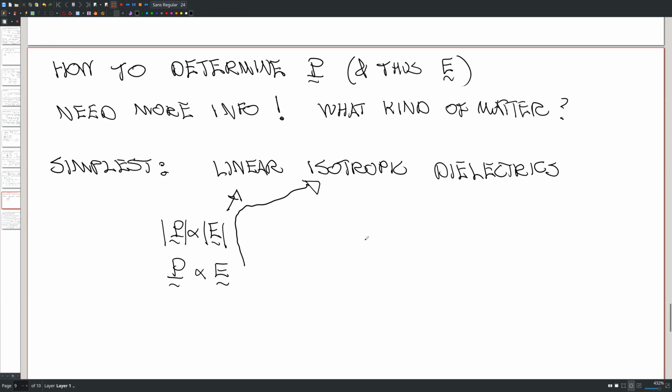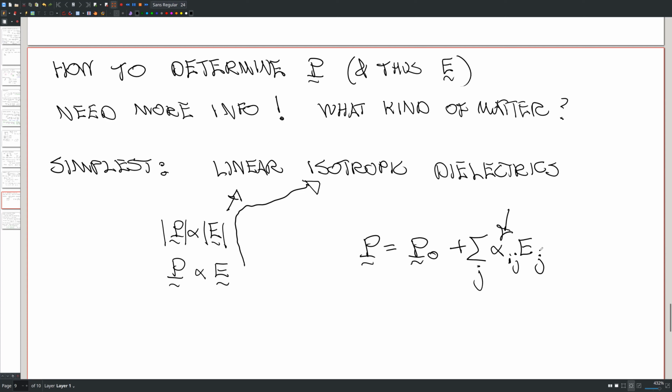You could have P in general equal to maybe some fixed polarization, P0. That's structural. It never goes away. It's in there. And then you could have another kind of component that depends on your direction of the electric field, and there would be a certain matrix here representing some susceptibility of the thing.